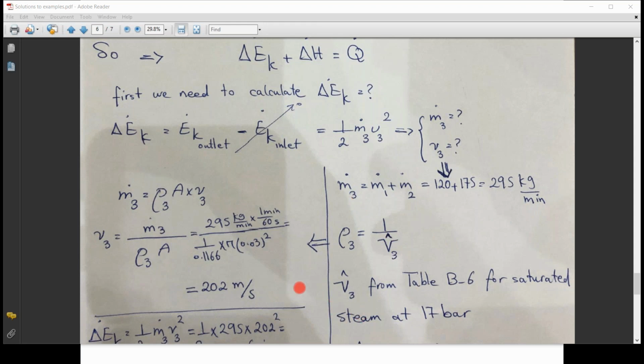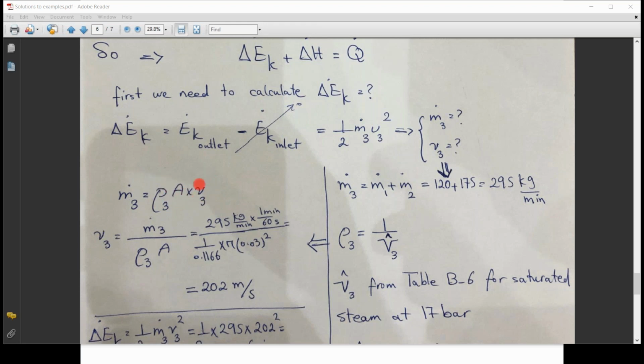To calculate velocity, we want to use this formula. We already discussed this formula to calculate mass flow rate. Mass flow rate is equal to rho V, volumetric flow rate, or rho A V. We already know A because the diameter of the outlet is clear.